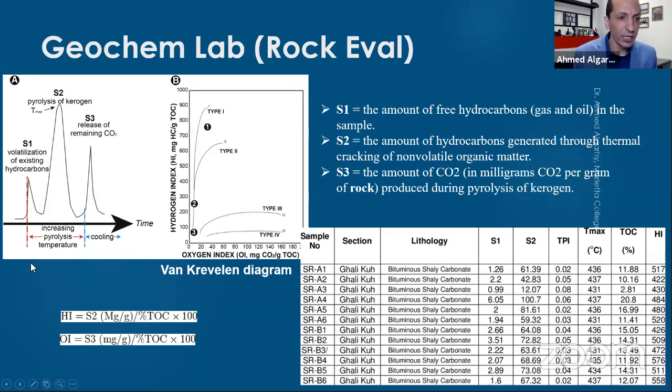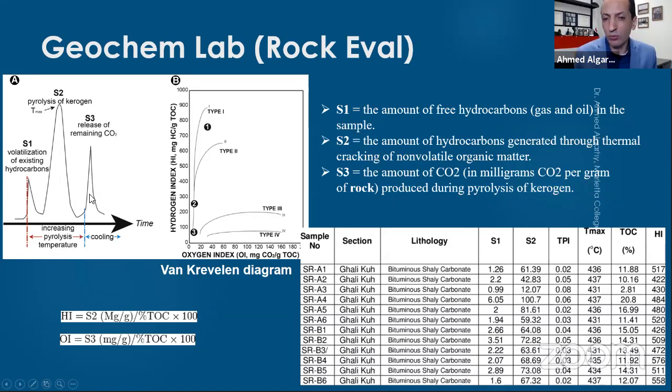Look at the mouse: this is the S1, here is the S2. S2 is the amount of hydrocarbon generated through thermal cracking of non-volatile organic matter. So the carrier itself of the hydrocarbon, I'm burning it. I have free gas and free oil; when I burn it, I get the S1. When I burn the carrier itself, the kerogen, I get the S2 and the Tmax.